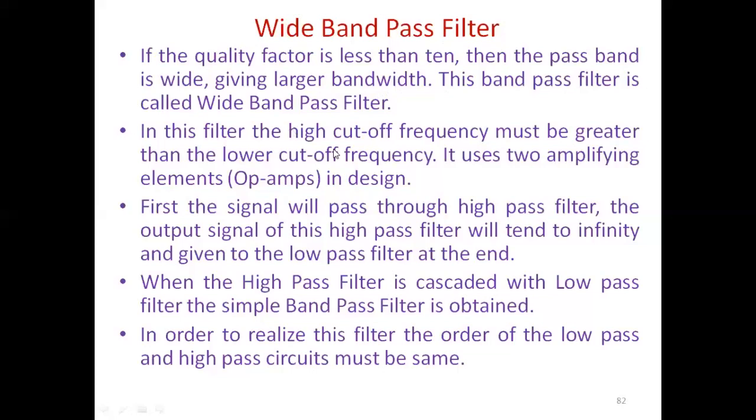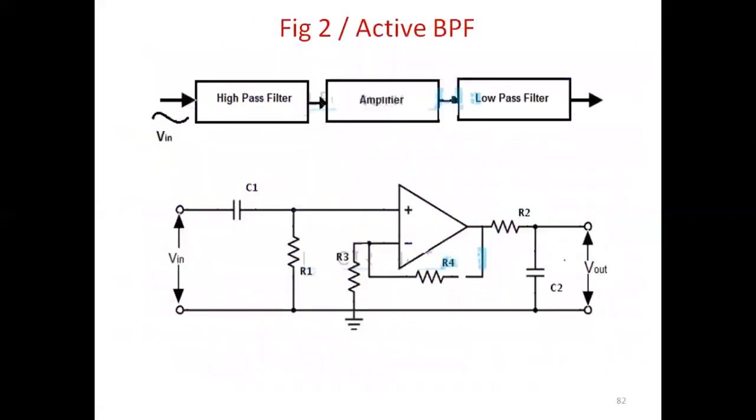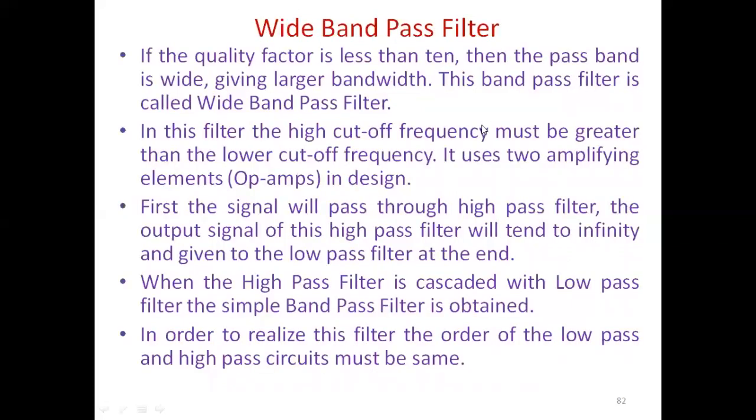In this filter, the cutoff frequency of the high pass filter should be greater than the cutoff frequency of the low pass filter. In the middle, we'll go for two amplifying elements. We have shown only one amplifier in this figure, but we'll go for more than one amplifier at a time. So two op-amps will be used in the middle along with the high pass filter and low pass filter in order to complete a wide band pass filter.